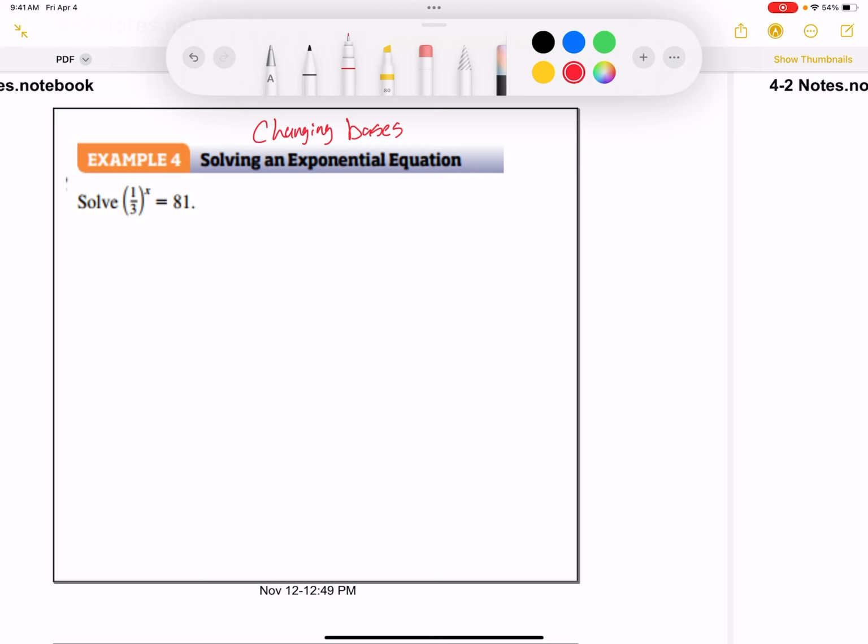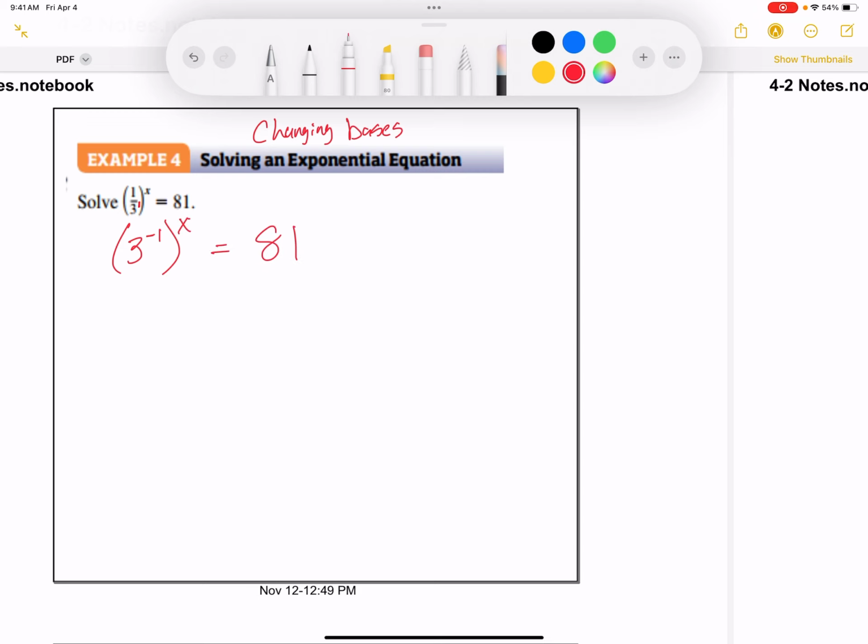I don't want fractions. So let me change the base and make it not a fraction anymore. What if, instead of 1/3, I say 3 to the -1? Can I do that? Well, it's a 3 in the denominator. Can I move it to the numerator and make it a -1? Sure, I can do that. But everything else is still the same, right?